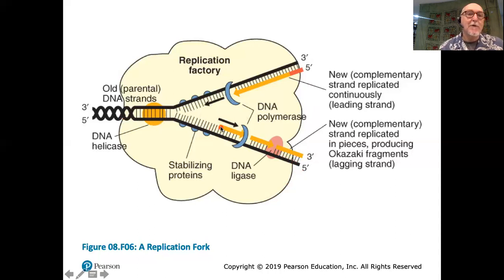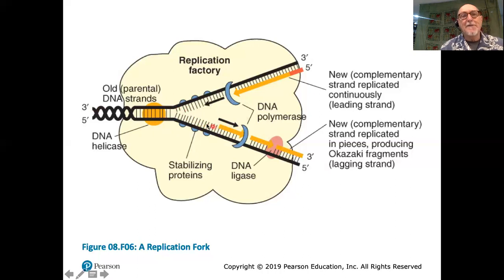But the problem is that we've got to put down a primer first. So let's have a look down here. Well, I put down a primer, and then I can add in that direction there. But in the meantime, this fork has opened up behind, and these bases now need to be matched. We've got to put down another primer and add in that direction. As we finish that, the fork has opened up even more, and we've got to now add another primer.